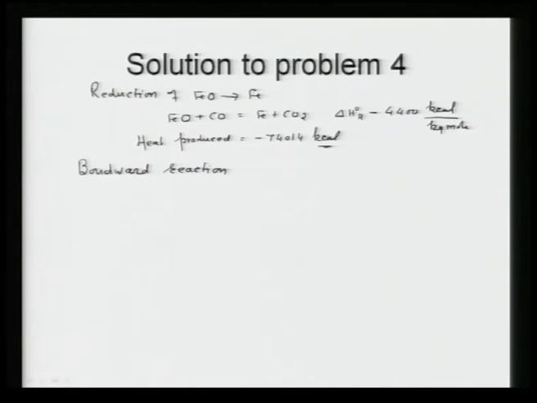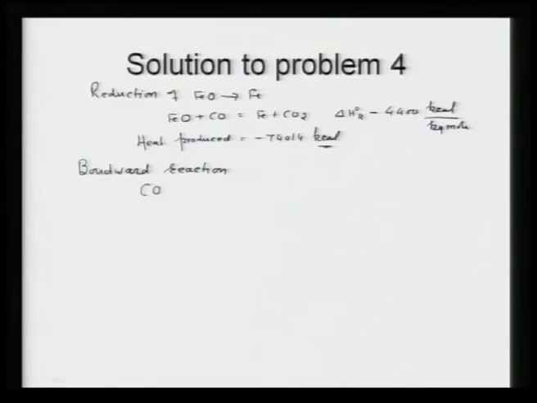Now, this Boudouard reaction is the most important part of blast furnace iron making, and the Boudouard reaction is a highly endothermic reaction. It consists of CO2 plus C equals 2CO. That means the Boudouard reaction corresponds to reduction of carbon dioxide by carbon, and produces carbon monoxide.